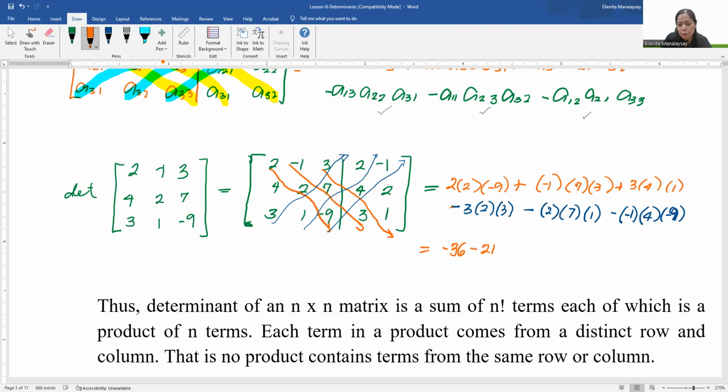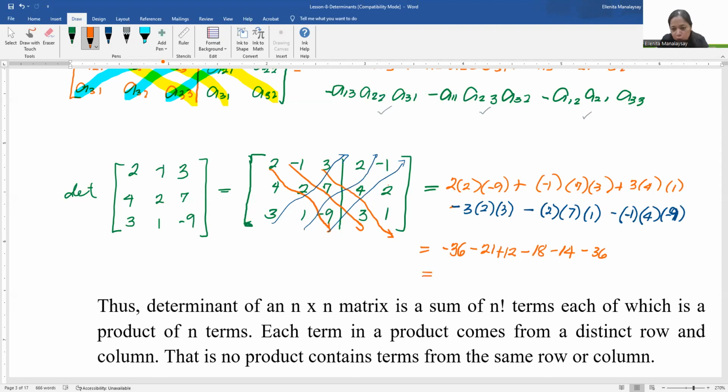And then 3 times 4 is 12, so plus 12. Then we have minus 3 times 2 times 3 is 18. Minus 2 times 7 is 14 times 1, that is 14. Minus 4 times 9 is 36. Negative, negative, that's positive, but this one is negative, so still that's negative 36.